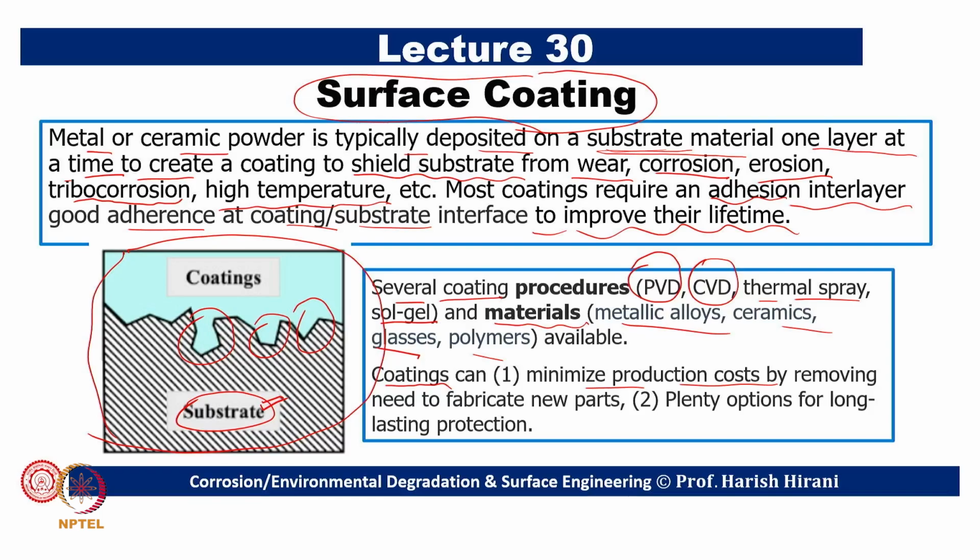If that is done, at least we are going to reduce the cost, even the raw material cost, because we do not have to extract raw material from natural resources. The same material, by reconditioning and refabrication, can be utilized and enhanced. So, the coating plays an important role there. We say it minimizes the production cost by removing the need to fabricate new parts.